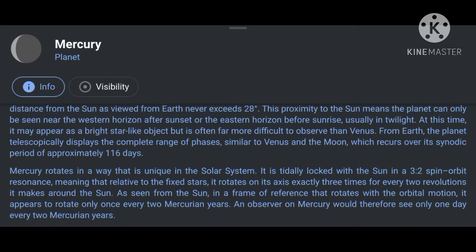Mercury rotates in a way that is unique to the solar system. It is tidally locked with the sun in a 3:2 spin-orbit resonance, relative to the fixed stars.